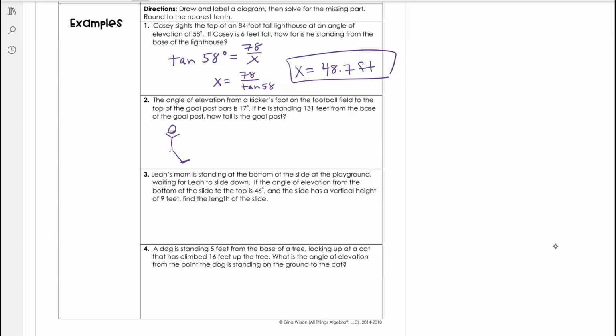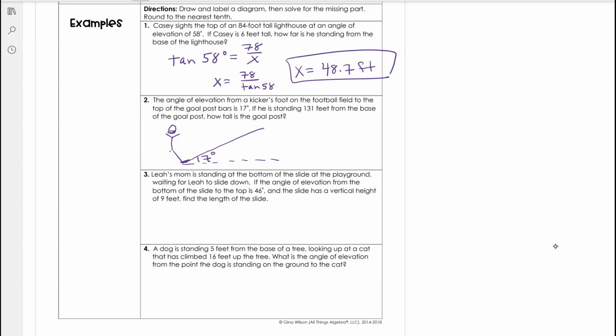So draw my little helmet, and the angle of elevation is 17 degrees. So this is 17 degrees here.